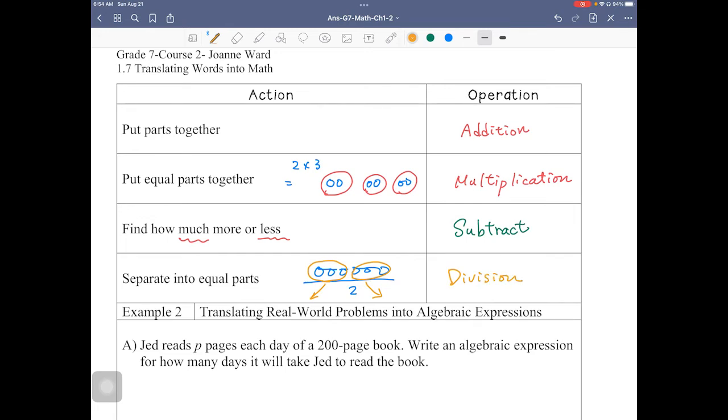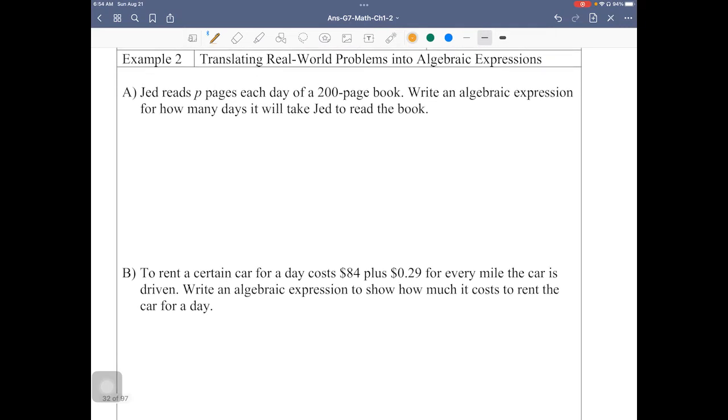Okay. So now the question, example 2, Jade reads P pages each day of a 200-page book. How do I write an algebraic expression for how many days it will take Jade to read the book? So 200-page book, read P pages each day, and this gets how many days?